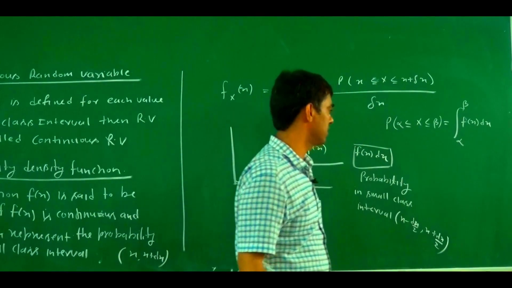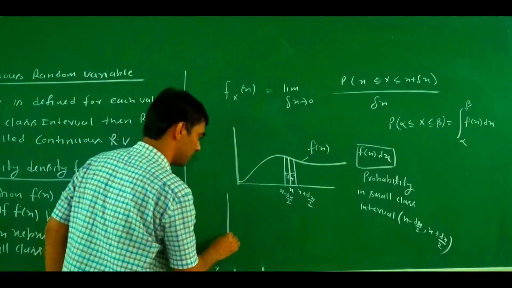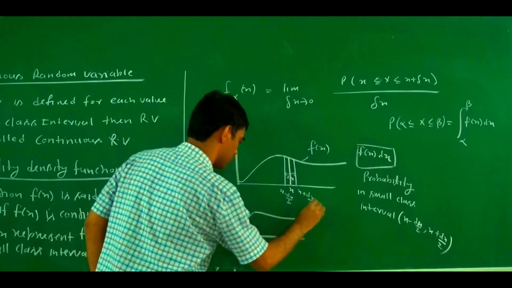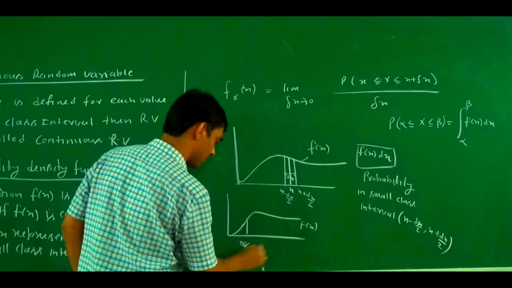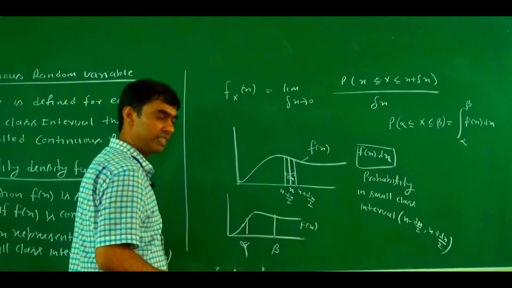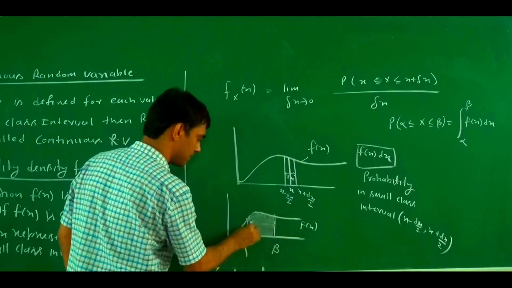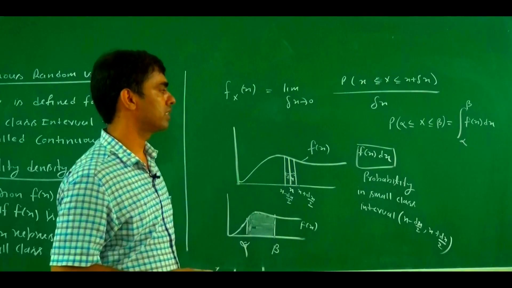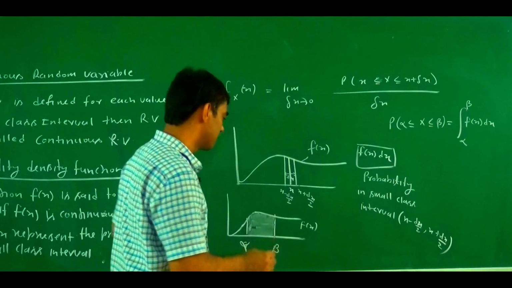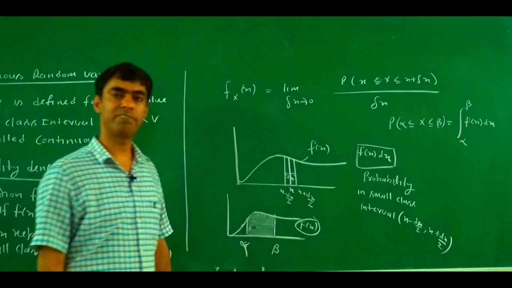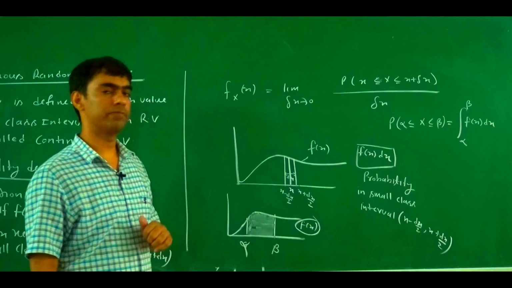This is the area under the curve between alpha and beta, which represents the probability that x lies between alpha and beta. This f(x) is called the probability density function.